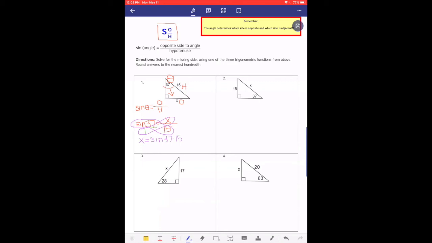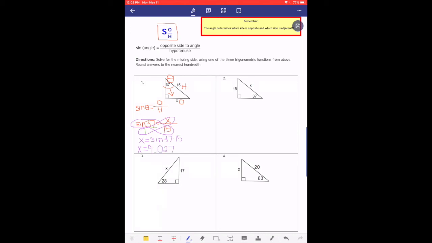So now you're going to type this line into your calculator. Hit the sine button, type in 37, close the parentheses for the sine, and then you're going to hit times 15. When you do that, you'll get x equals 9.027.